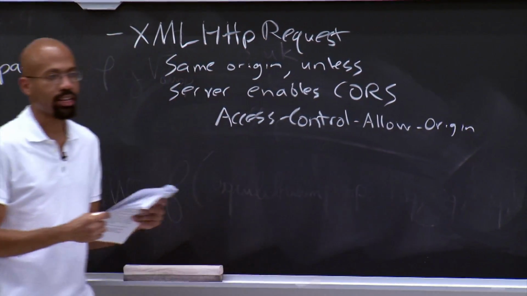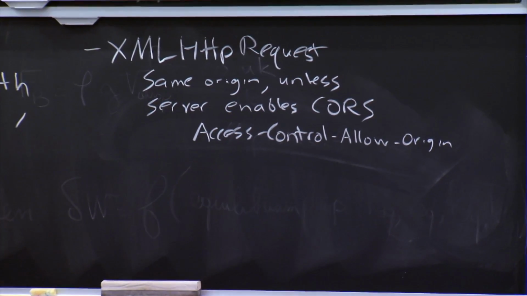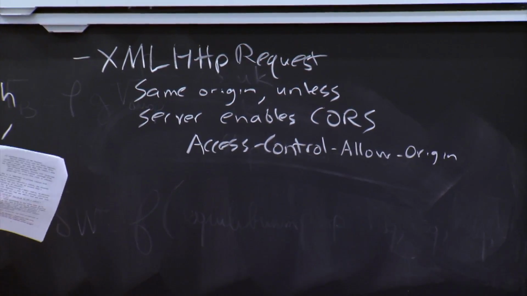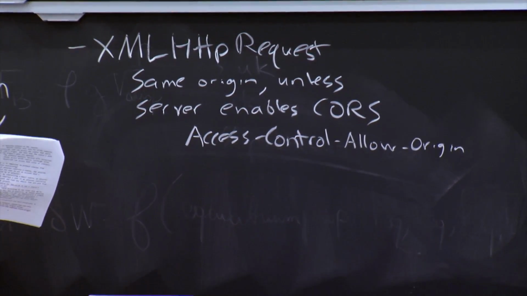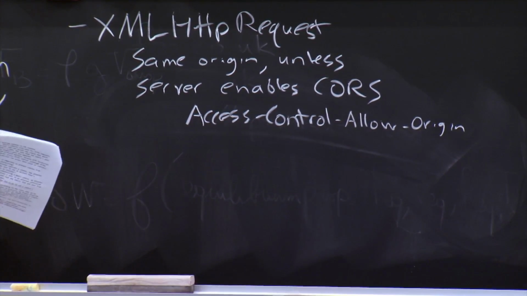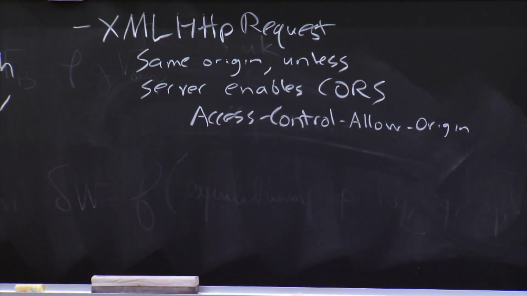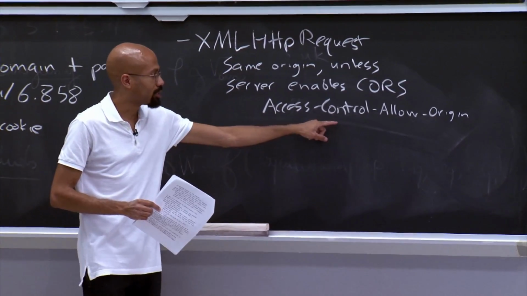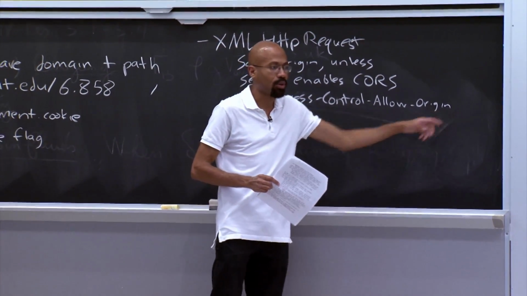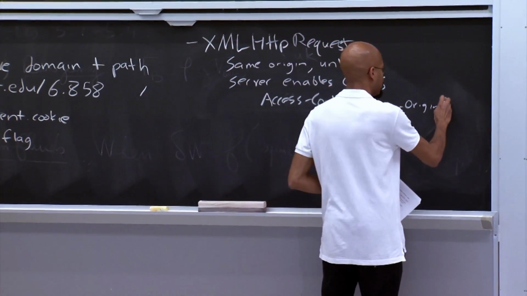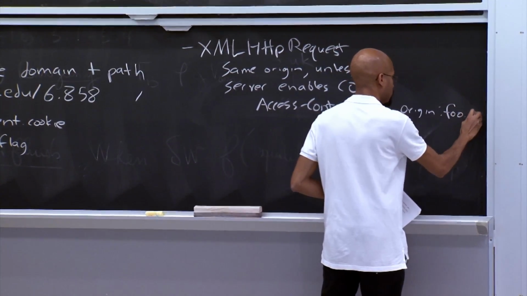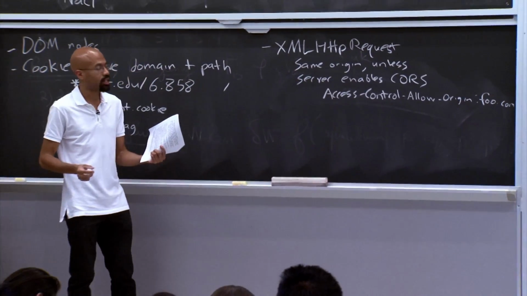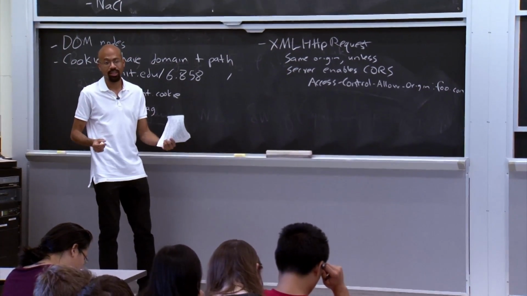Right? So let's say that JavaScript from foo.com wants to make an XML HTTP request to bar.com. That's cross-origin, as we've described in the rule so far. So if the server in bar.com wants to allow this, it will return in its HTTP response this header that's going to say, yes, I allow, for example, foo.com to send me these cross-origin XML HTTP requests, right?